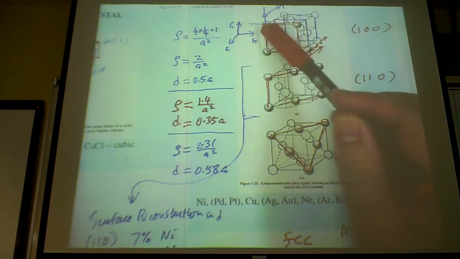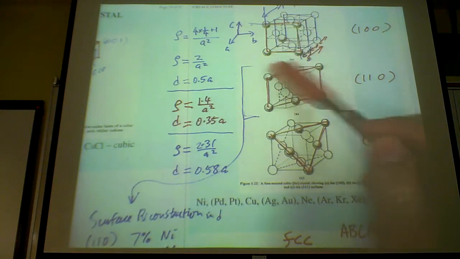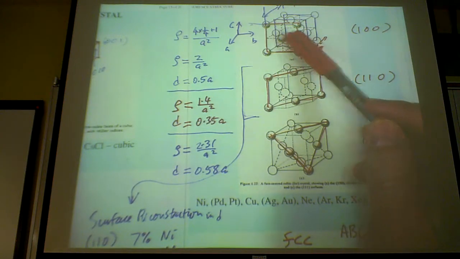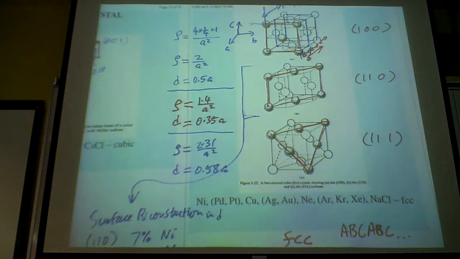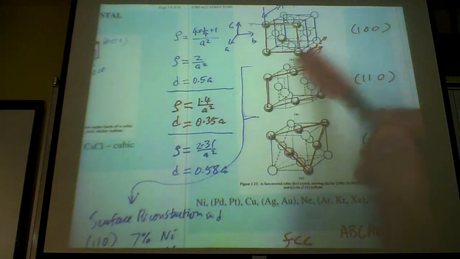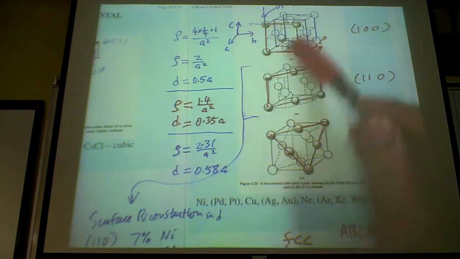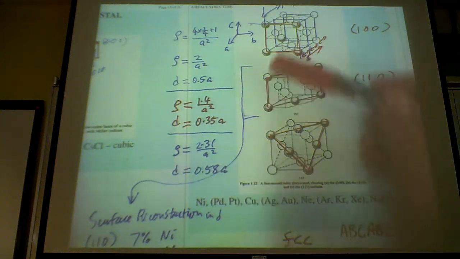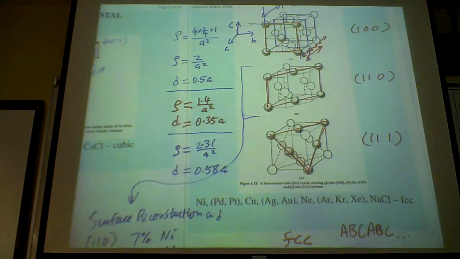In other words, the atom itself can move around from its natural position in the bulk. So that's another reconstruction. So there's both that direction reconstruction as well as this XY or lateral reconstruction inside the surface plane that you have. Okay?